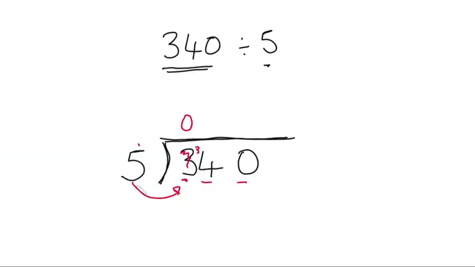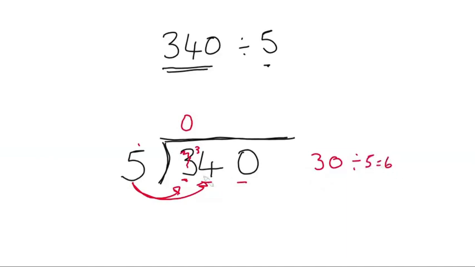Now the question is, what is 5 divided into 34? Now there are going to be some remainders, but that's okay. We know that in our 5 times tables, the highest number that we can go up to is 30. So we know that 30 divided by 5 is 6.